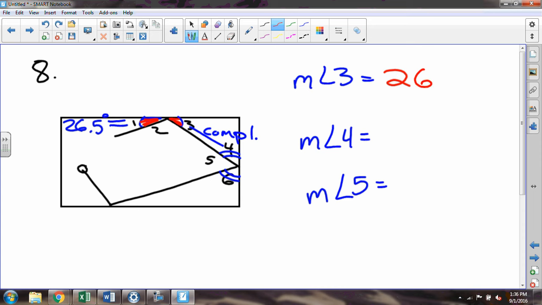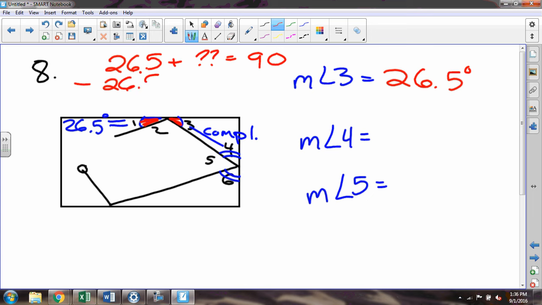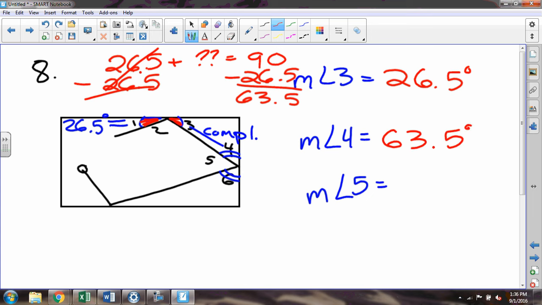That instantly gives us 26.5 degrees here. Because 3 and 4 are complementary, 26.5 for angle 3 plus the measure of angle 4 has to add up to 90. So simply subtracting off, 90 subtract 26.5 gives us 63.5, telling us the size of angle 4.